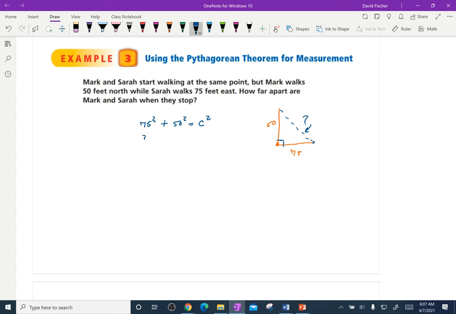Take the square root of 75 squared plus 50 squared. I'm getting 5625.